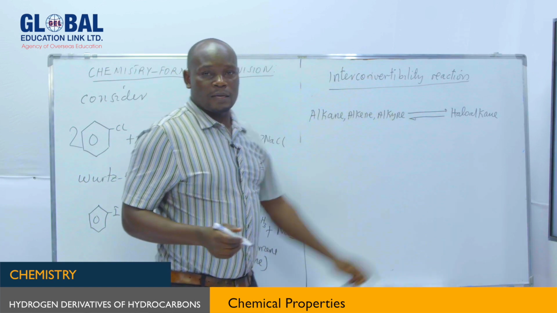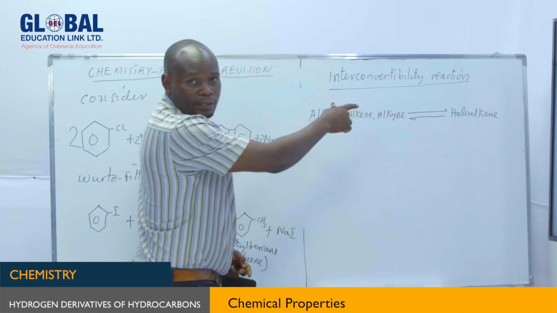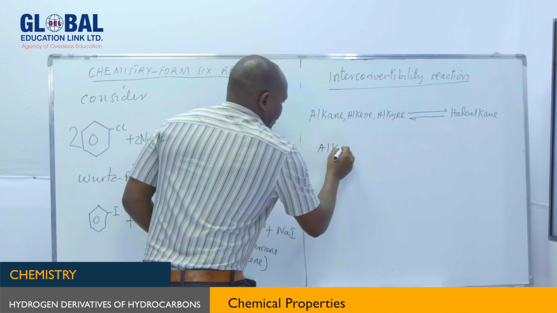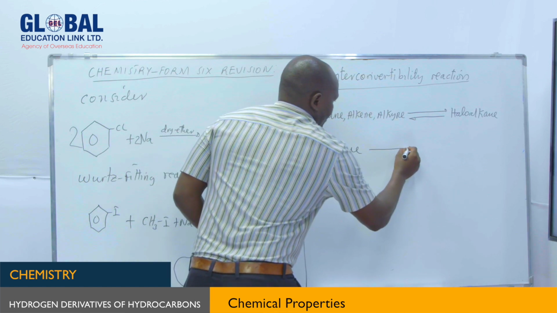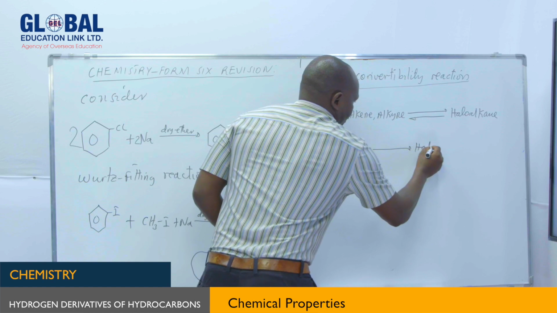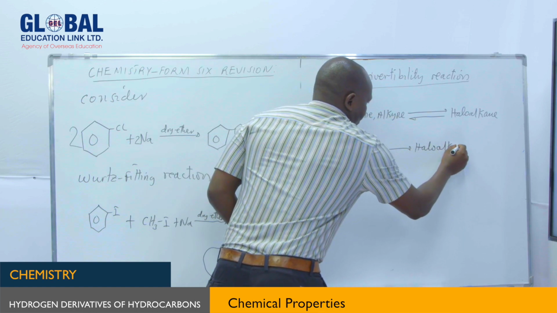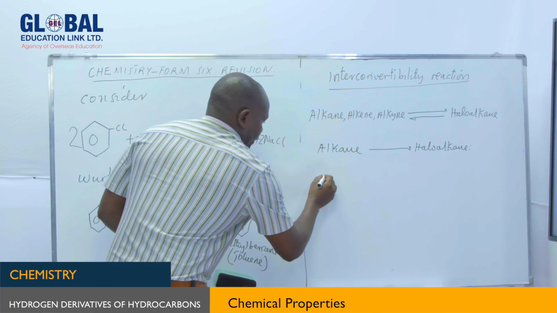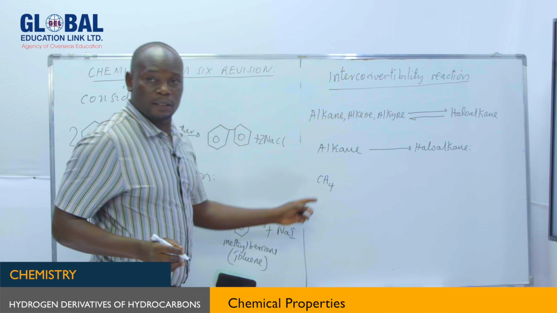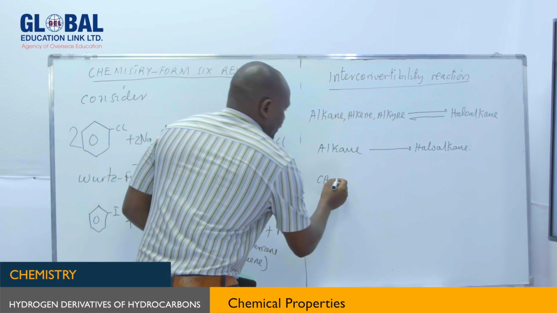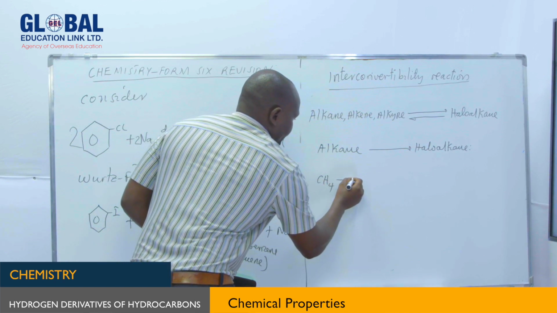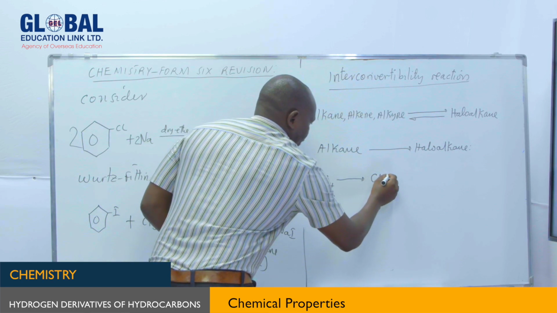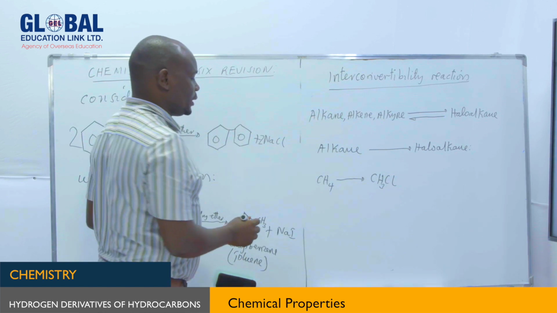So now let us see how alkane can form haloalkane, how alkene can form haloalkane and how alkyne can form haloalkane. Now let us start with alkane to haloalkane. Taking an example of CH4, which is methane, our alkane. This one can be converted into CH3Cl. Under what condition?